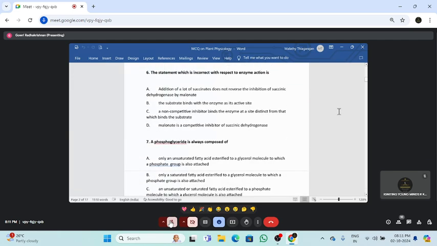So question number 6, the statement which is incorrect with respect to enzyme action is. Are you all finding this question very difficult to answer?